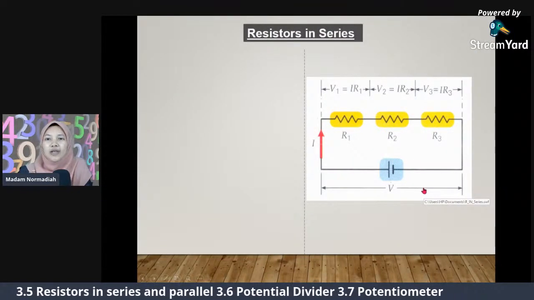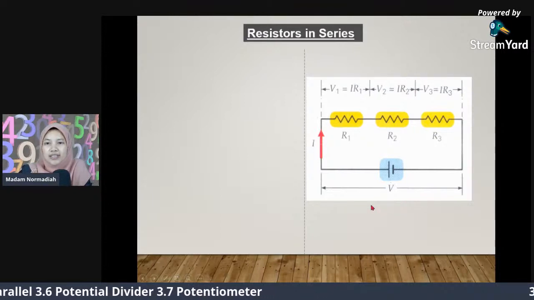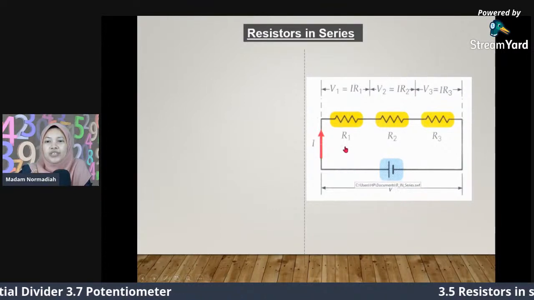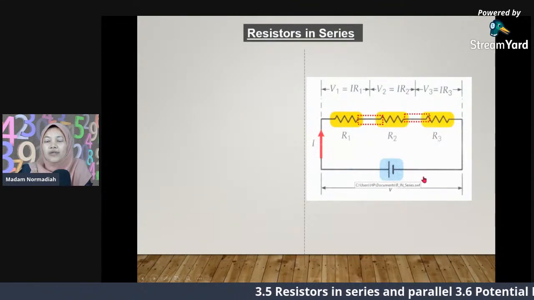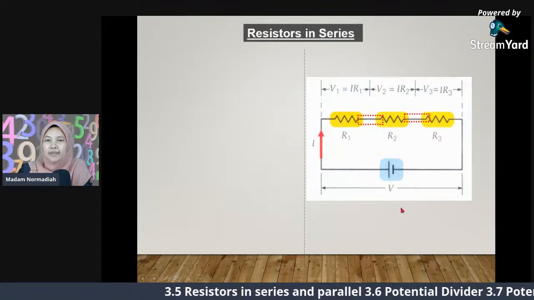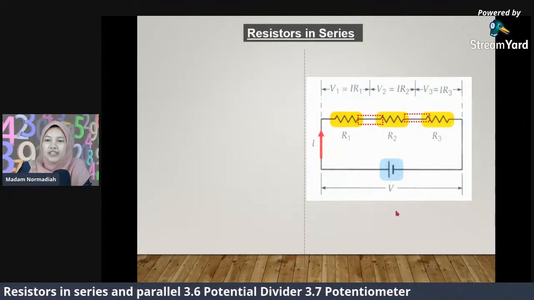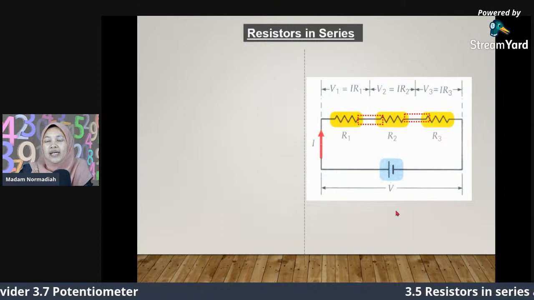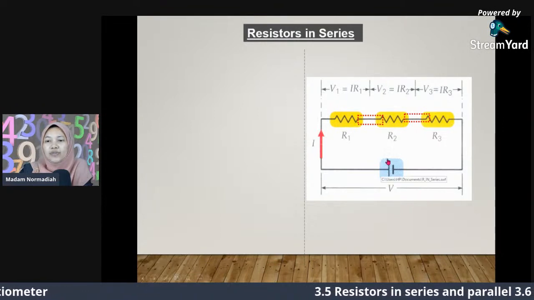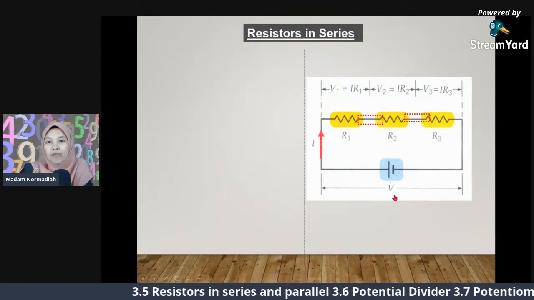Alright class, look at this circuit. This circuit consists of three resistors, which are R1, R2, R3, and also a power supply. We can say that this is a series arrangement when the resistors are connected end to end, and then connected with the terminals of the power supply to form a complete circuit.